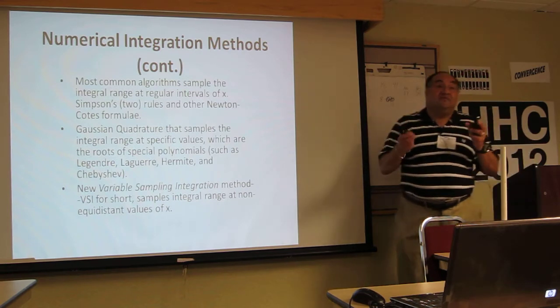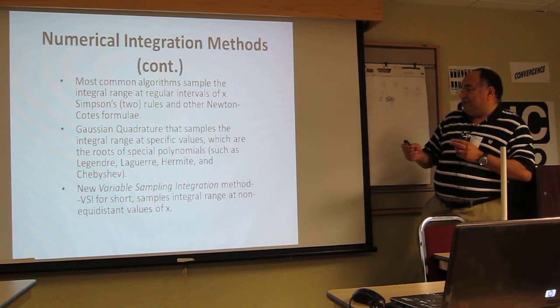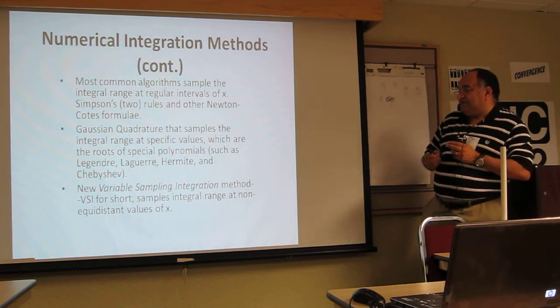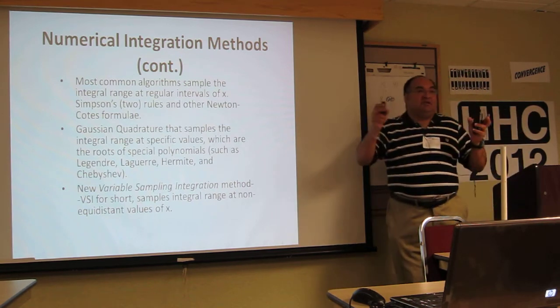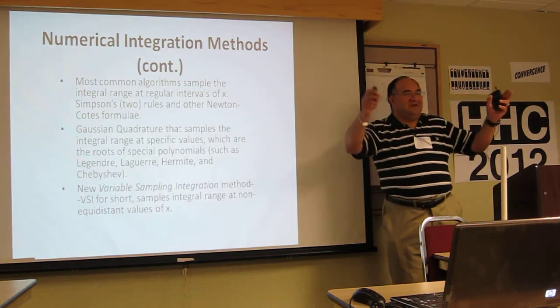And they actually yield very good values. The new variable sampling integration method, I'm calling it VSI for short, samples the integral range at non-equidistant points. There's no rule. It's kind of free form, you know.